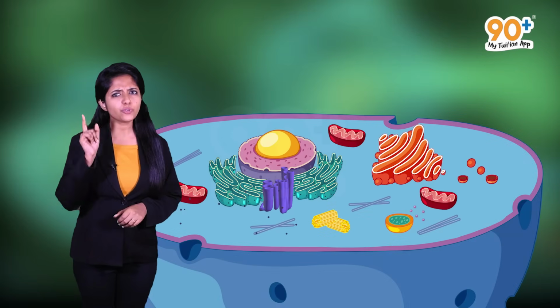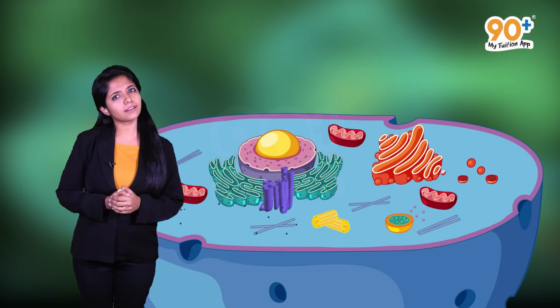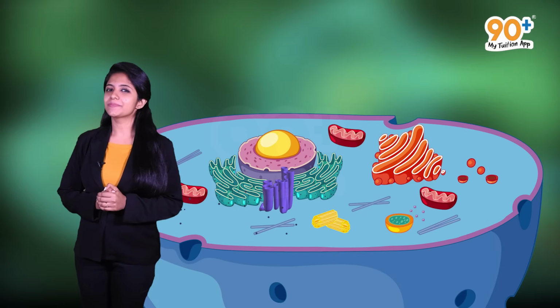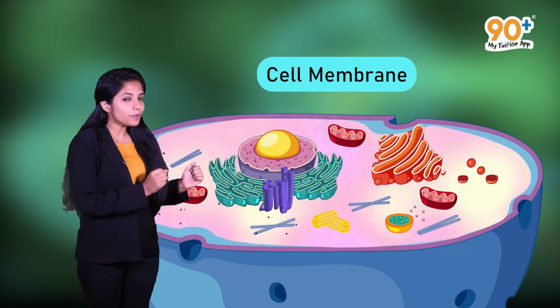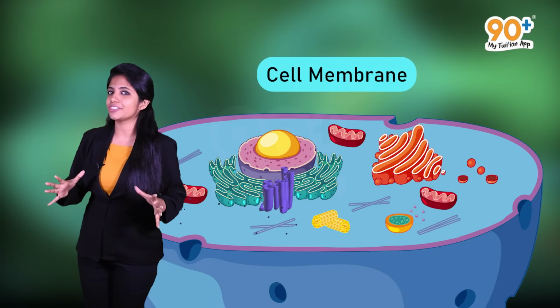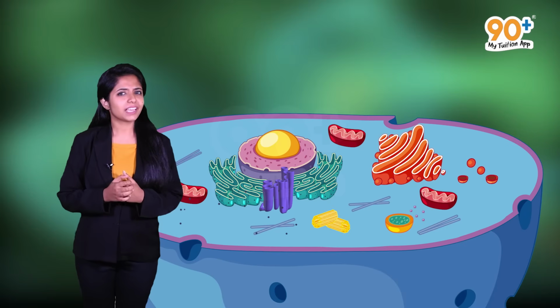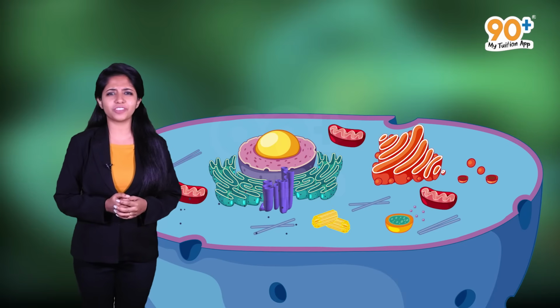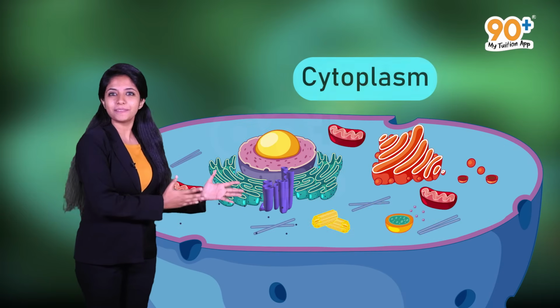Hey, have you ever wondered where all the cell organelles float? I'll tell you. If you look inside the cell membrane, you will find a fluid substance or a fluid region. Well, this is where all the cell organelles are found. And you might be quite familiar with this region. It's none other than the cytoplasm.